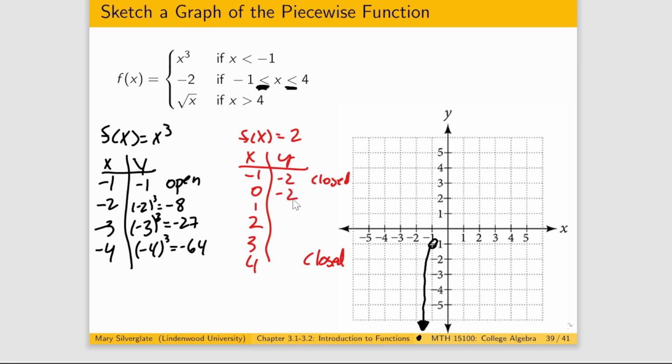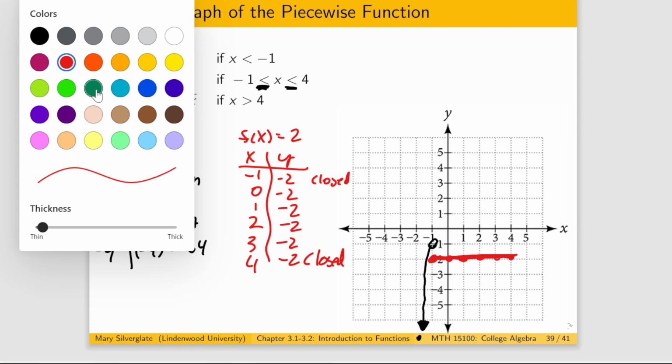And all the way down, y is just equal to -2. It's just a straight across horizontal line. So I've got for that whole part, starting at -1, -2, closed circles all the way across, just a straight across line.